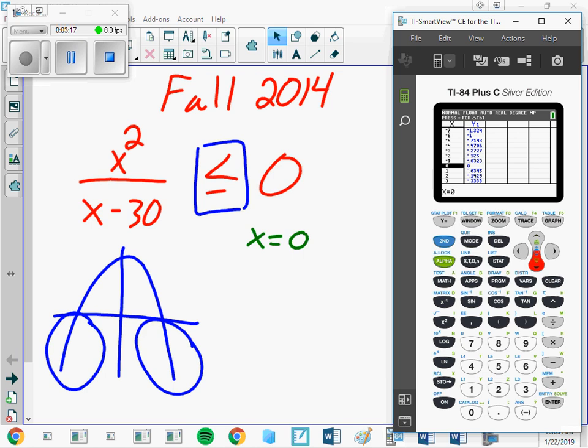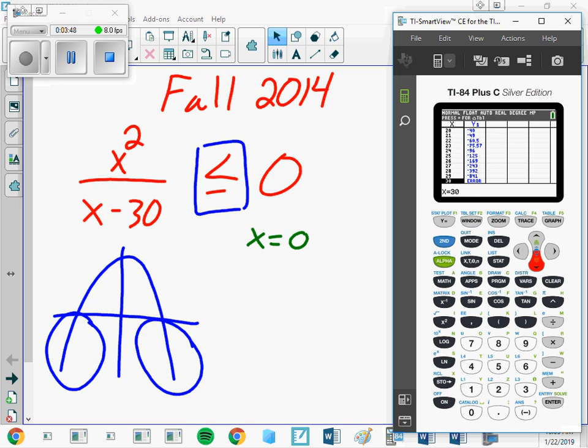We already knew that because I said when x equals 0, the graph is equal to 0. And if I go down, you notice that the negatives are getting further away from 0 until eventually we're almost there. Now they're getting really big.